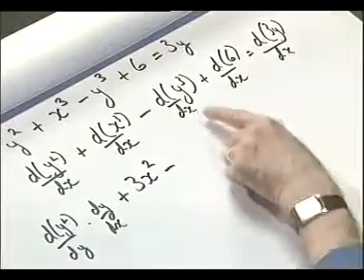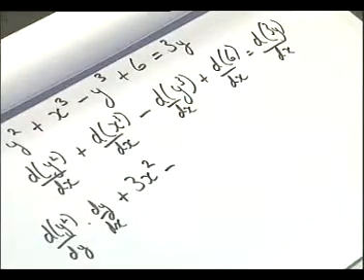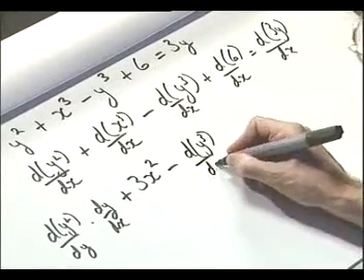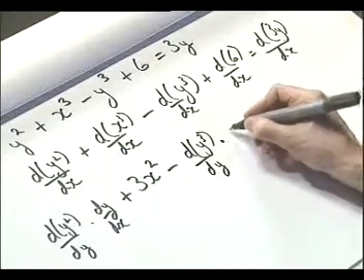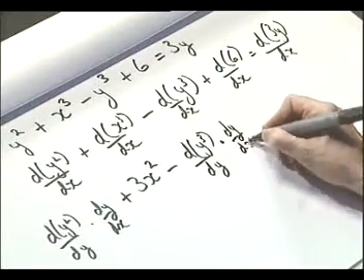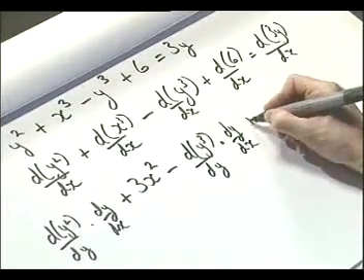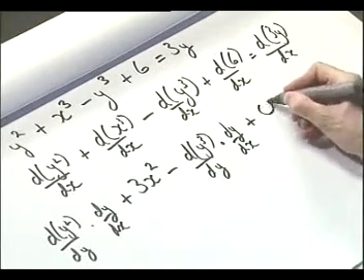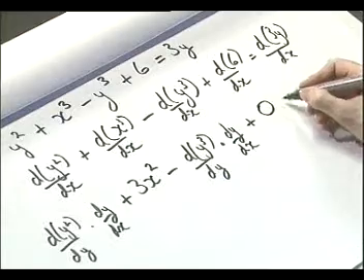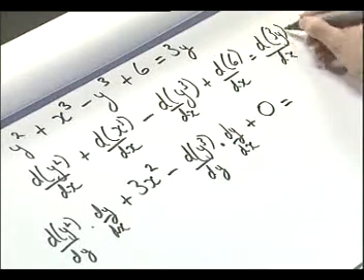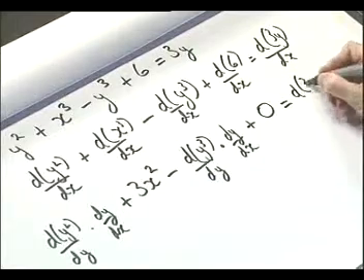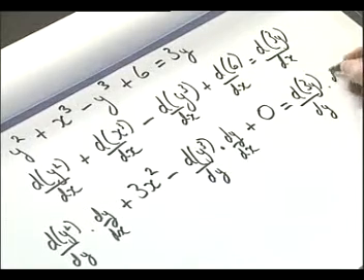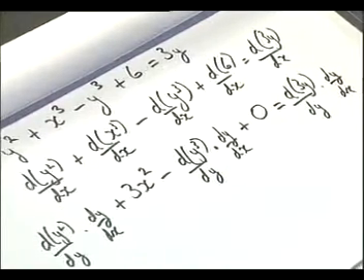Minus, and here again we've got to apply our chain rule. So we've got the derivative of y cubed with respect to y times dy by dx. Plus, now the derivative of 6, well 6 is just a constant, so we know its derivative is 0. Equals, and again we want the derivative of 3y, so our chain rule tells us this is the derivative of 3y with respect to y times dy by dx.